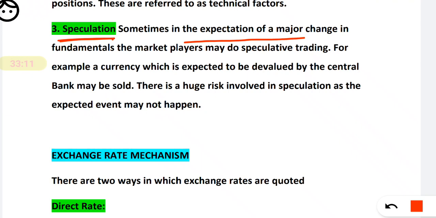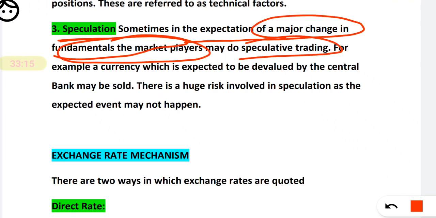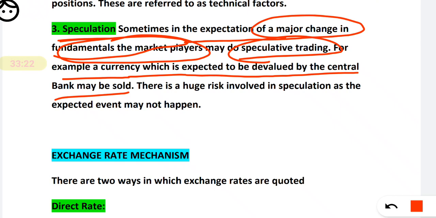Sometimes in the expectations of a major change in the fundamentals, the market player may do speculative trading. For example, a currency which is expected to be devalued by the central bank may be sold. There is a huge risk involved in speculation, as the expected event may not happen.